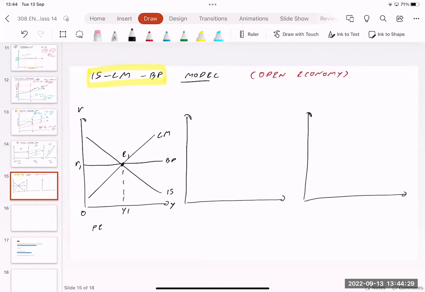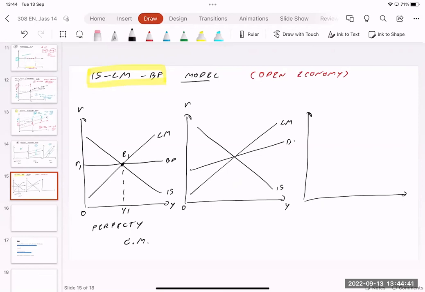This is the case of a perfect capital mobility country. And we have O, Y, and R. We have the IS, LM, BP curve, equilibrium point 1, Y1, R1. This is the case of a high capital mobility country.